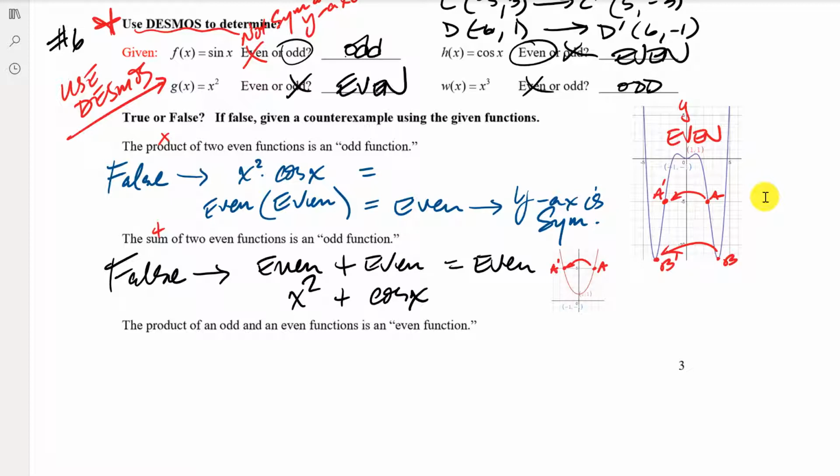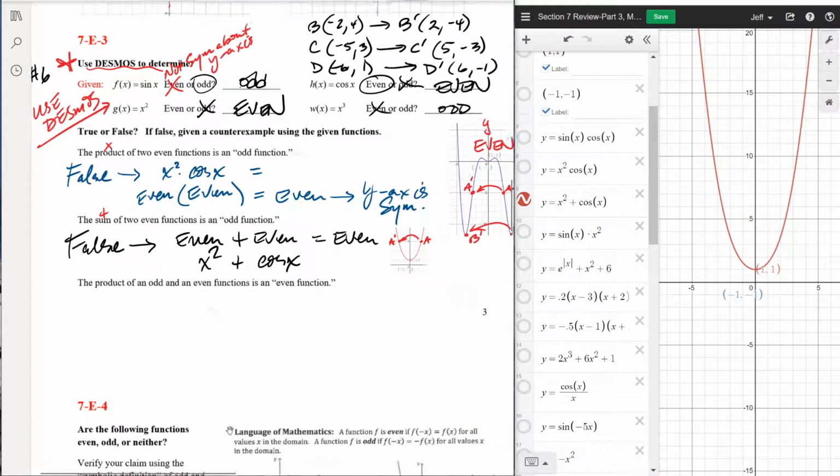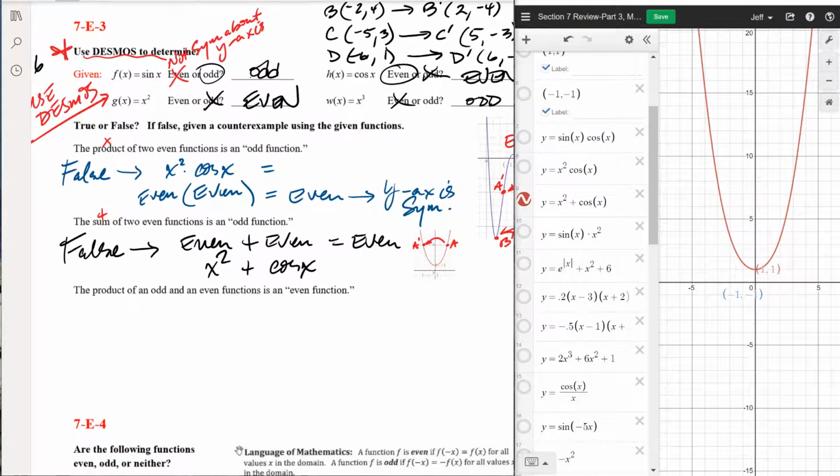So you just play with the functions here. So is the product of an odd and even an even? I don't know. Let's pick some functions. We have to pick the functions above here. We have to pick an odd and an even. Okay, so let's deselect this. Sine x is odd, and product means multiply, so we've got to multiply these together.